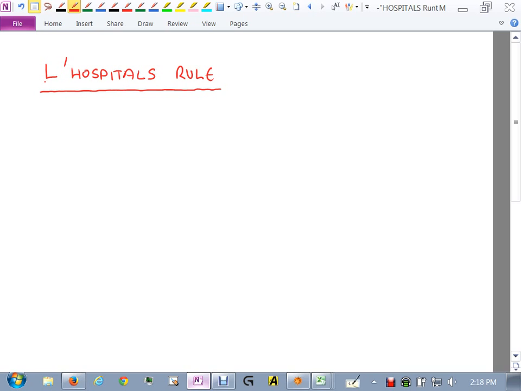But this one student emailed me, and he was like, I've been chanting your Lhopital chant lately. Whenever I'm using Lhopital's rule, you'll see. I always just like to, Lhopital, I don't know. It's fun.